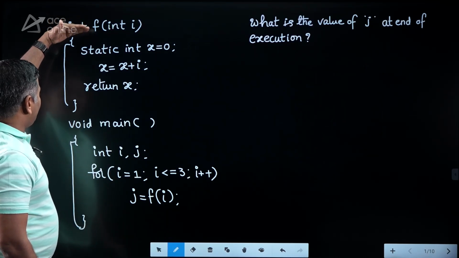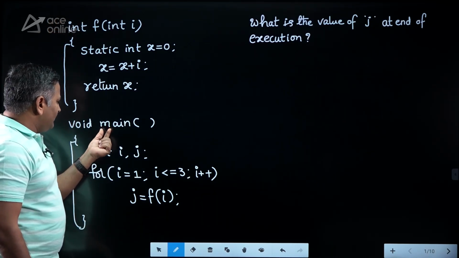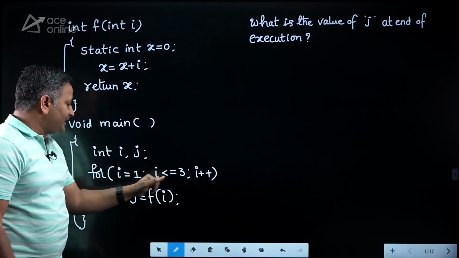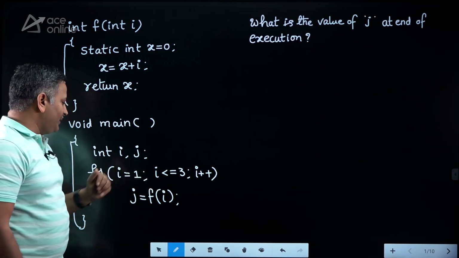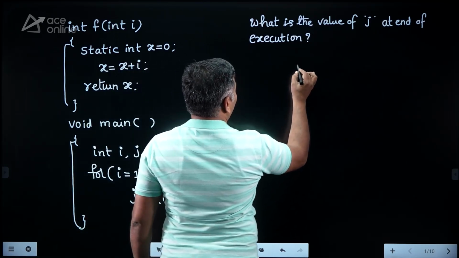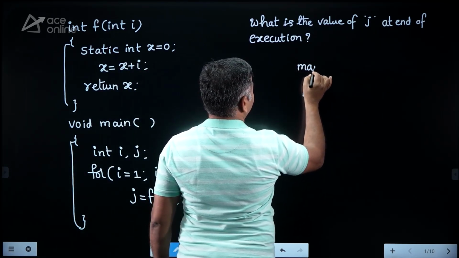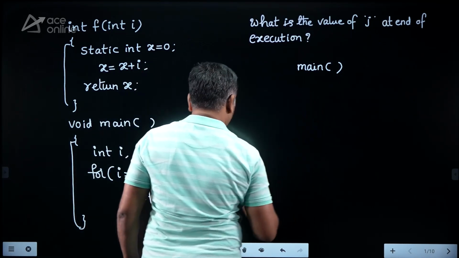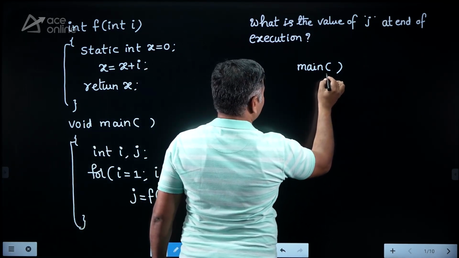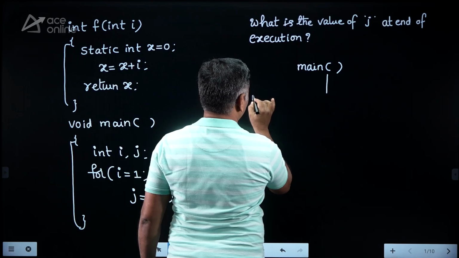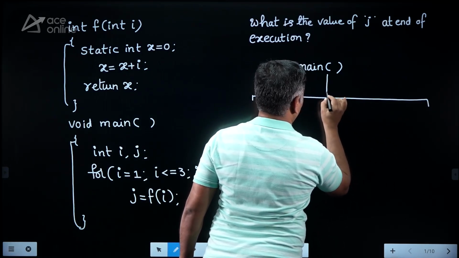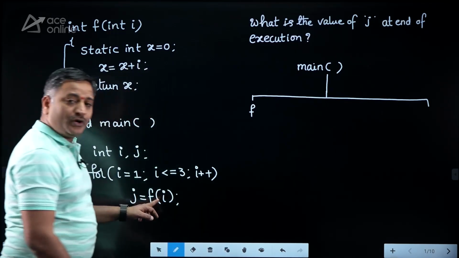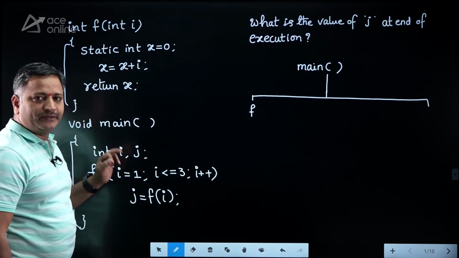Next, see, in this problem they are using a for loop condition within the main function, right? So how many times is this loop executing? Exactly, it is executing 3 times. The program executes this way, under the main function. Under the main function, I am calling function f based on the value of I, right?